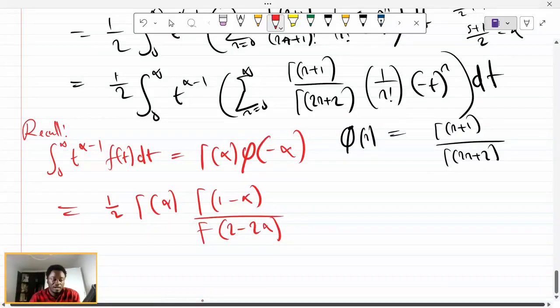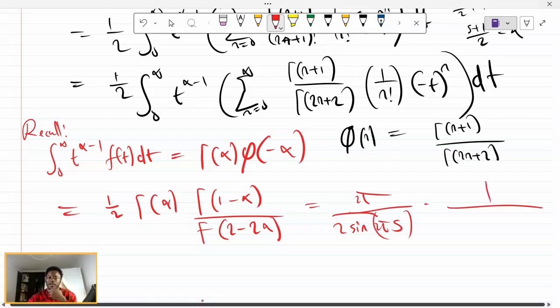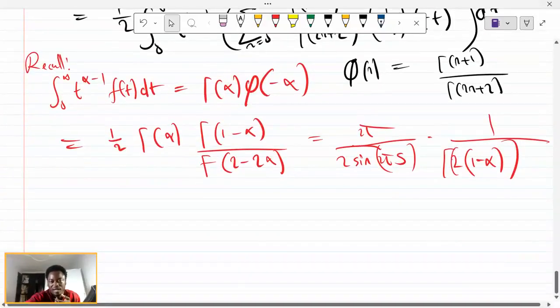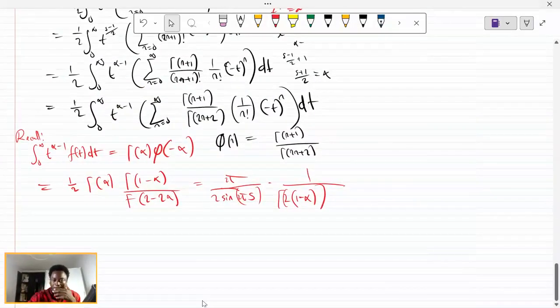We know that gamma of alpha times gamma of 1 minus alpha is pi over sine pi alpha. So that would be pi over 2 sine pi alpha. Then you have 1 over gamma of, let's factor out the 2, 1 minus alpha. So we know alpha is s plus 1 over 2.